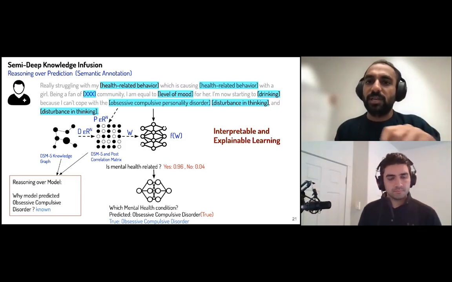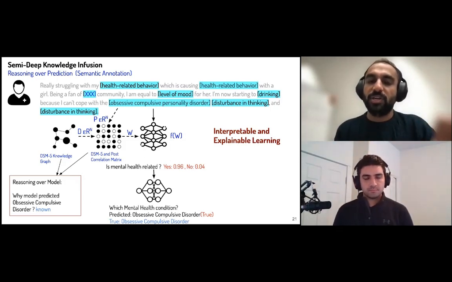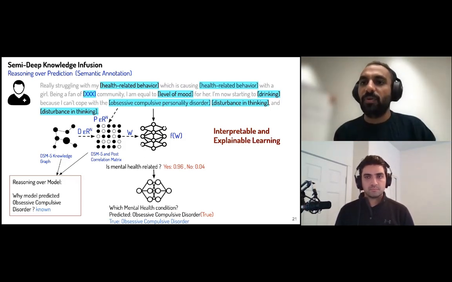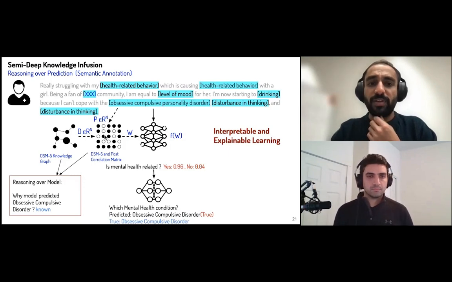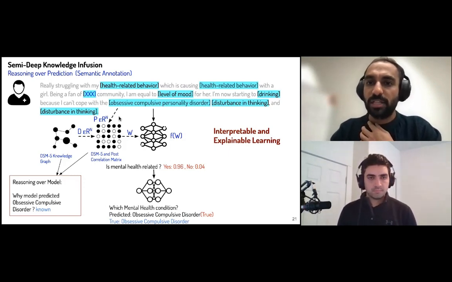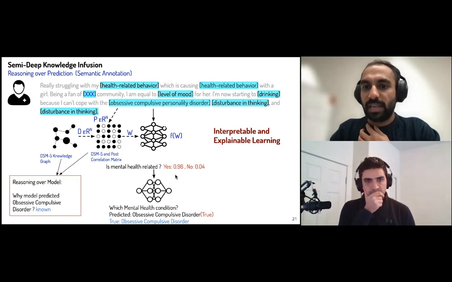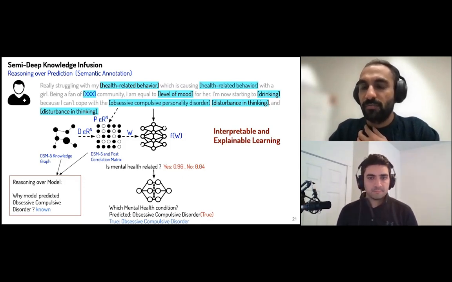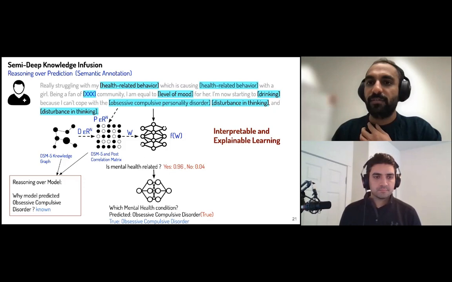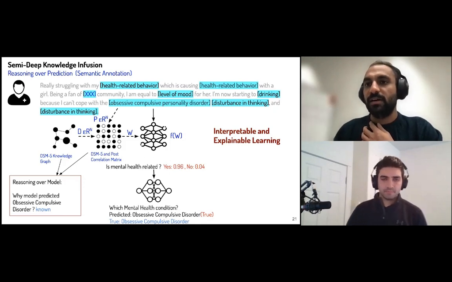But in this task, we did not think the relationship was important, so we flattened it into a lexicon. We construct this matrix, which is the concept association matrix between the terms in the graph and the sentence. When we tested with the machine learning model, we got a yes of 0.96 and a no of 0.04, which was remarkably better compared to 0.71 in the previous example.